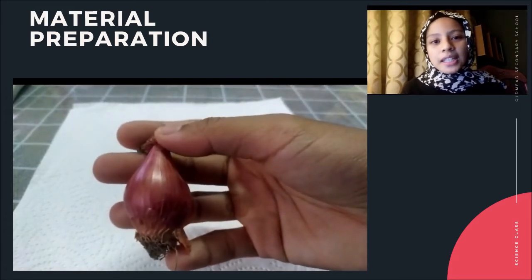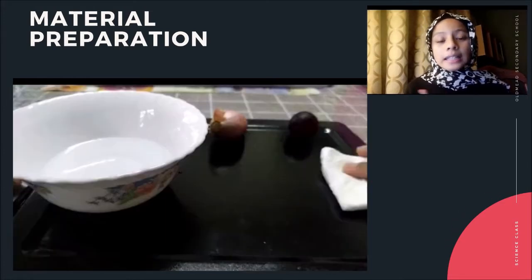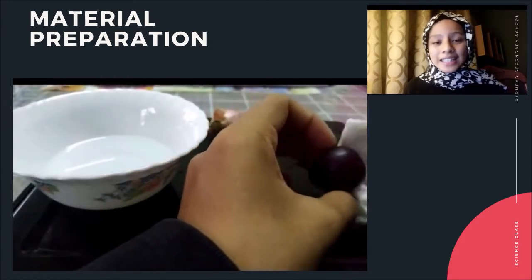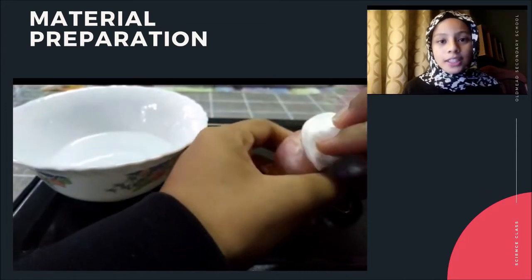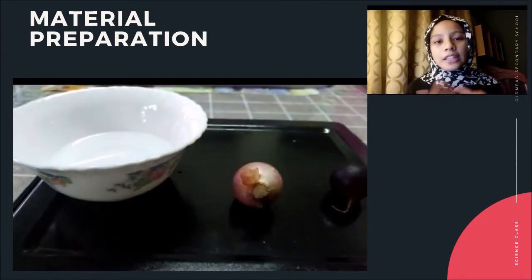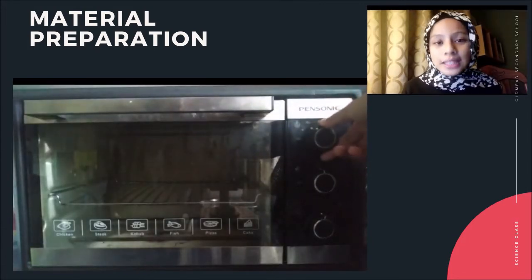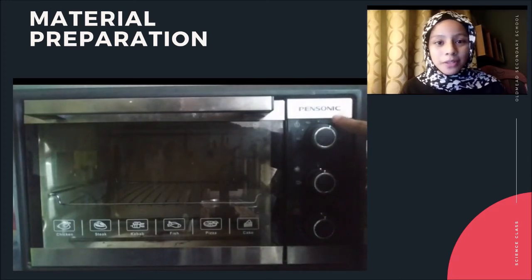Sample B is like an onion, but smaller and more elongated in shape. It is bulbous and has a papery multi-layered skin. To prepare the material, a paper towel is lightly wetted to clean the samples of any debris or residue, and then the samples are left to dry for 30 minutes at room temperature before undergoing the experiment.